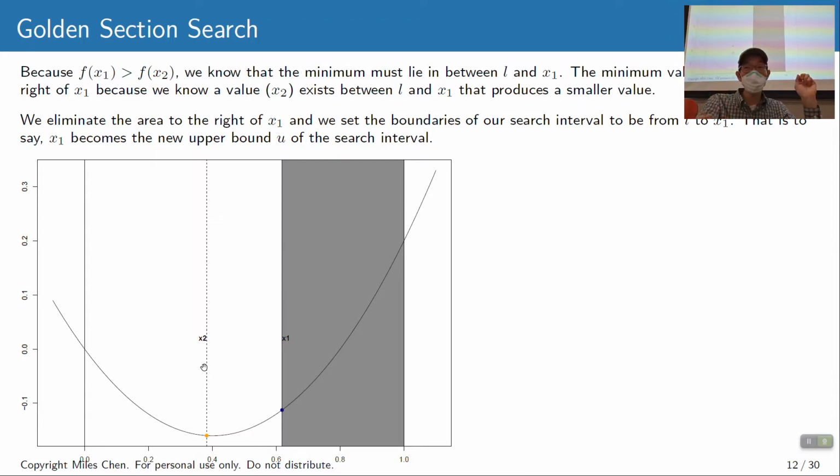Okay, because of the golden ratio, this point is at 0.382. Okay, so x2 is located at 0.618 of the way down from 1 to 0, which is equivalent to being 0.618 of the way from 0 to 0.618.